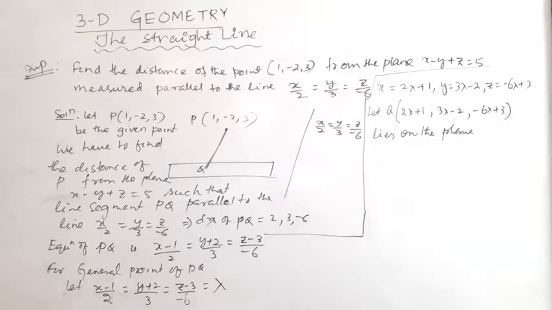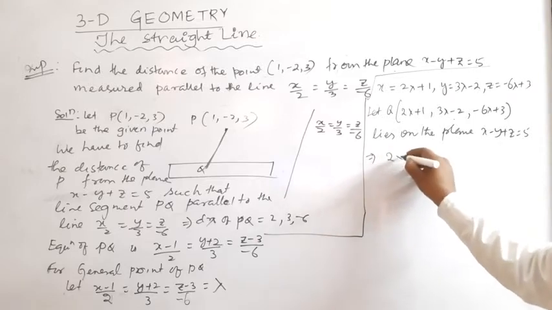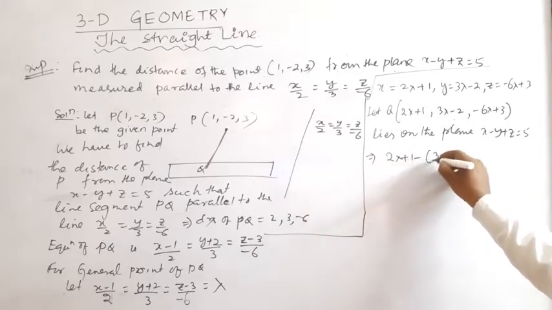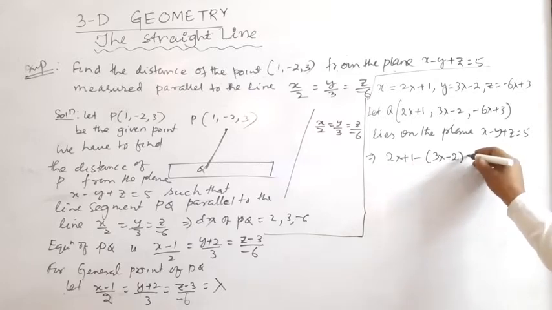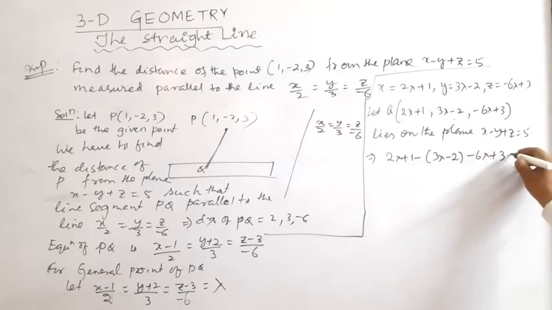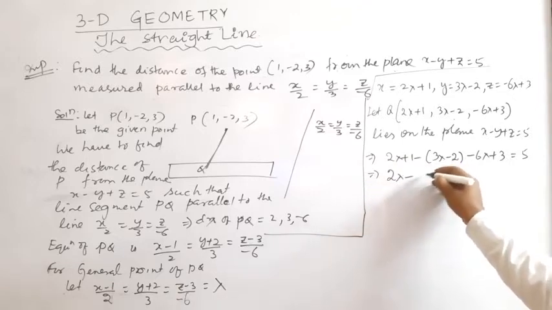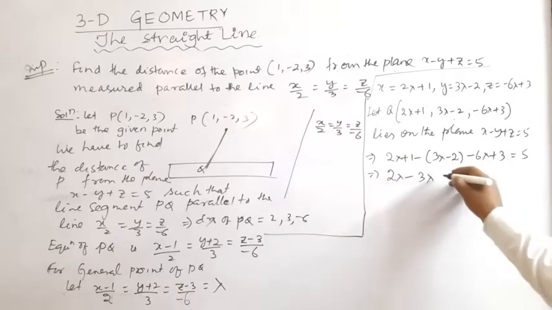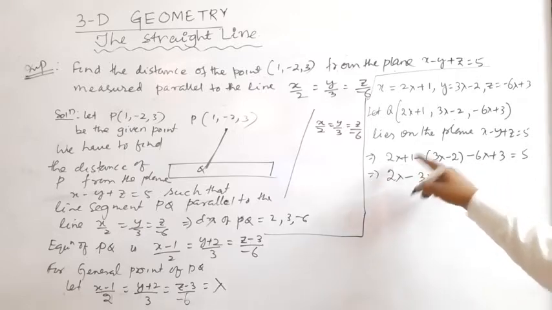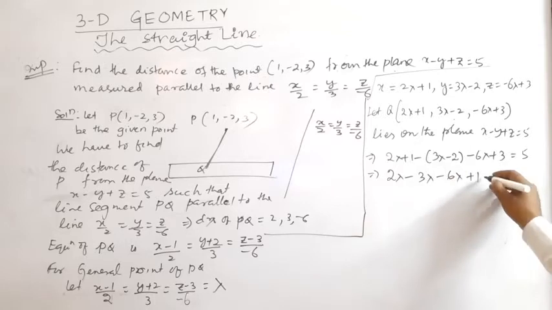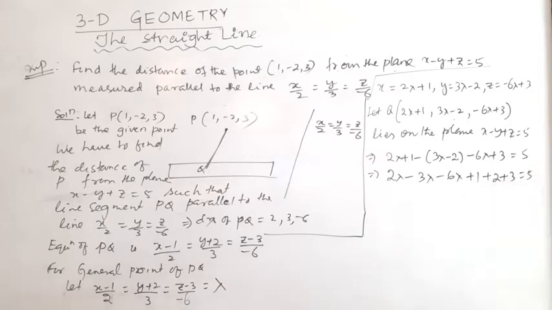The plane is x minus y plus z is equal to 5. So put the values: 2 lambda plus 1 minus of 3 lambda minus 2 plus minus 6 lambda plus 3 is equal to 5. So, 2 lambda minus 3 lambda minus 6 lambda, plus 1 plus 2 plus 3, is equal to 5.